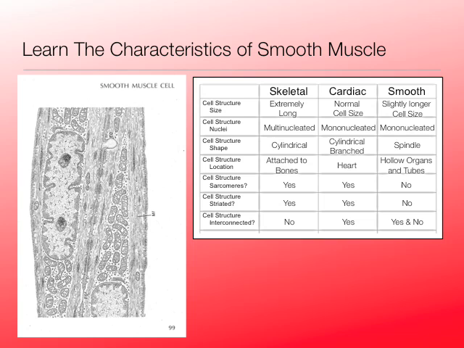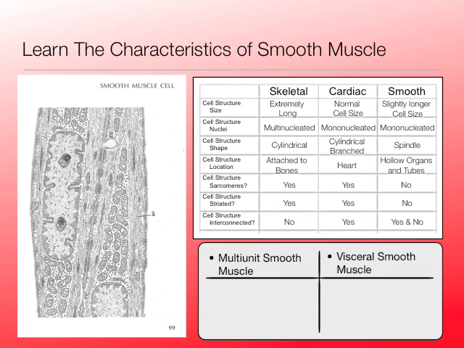Meaning that there are actually two different types of smooth muscle. So it's almost as if there were 4 different muscle types. There's 2 types of smooth muscle. Let's lay this out. There's one called multi-unit, and one called visceral. Basically it comes down to this interconnected situation.